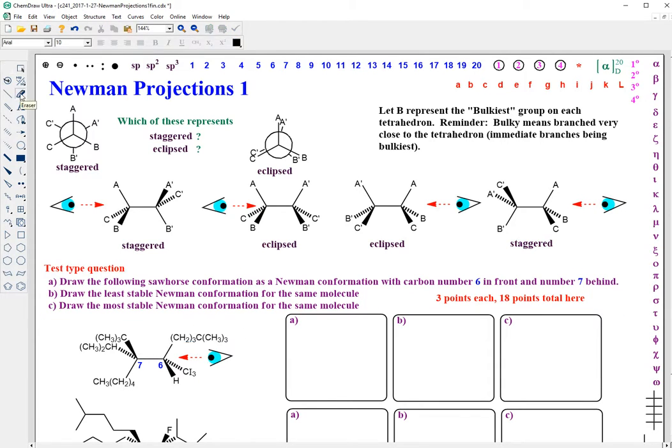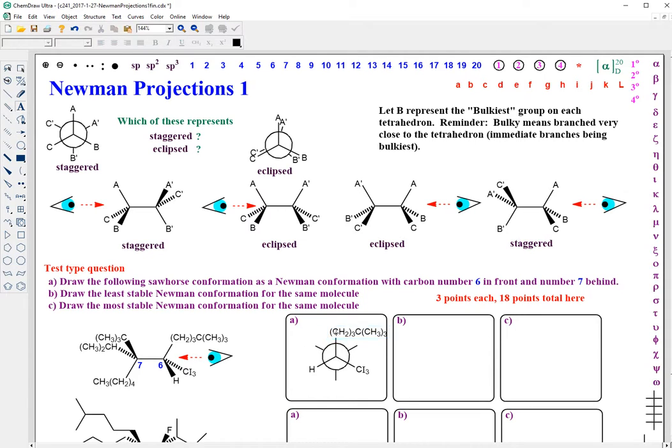The Newman projection we need is this one, where on the front carbon I have a group directly above the eye. That is this group here. And this would be on my right side. A dash goes behind the page. And the H would be on my left side.